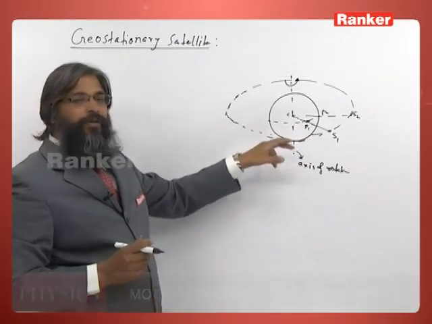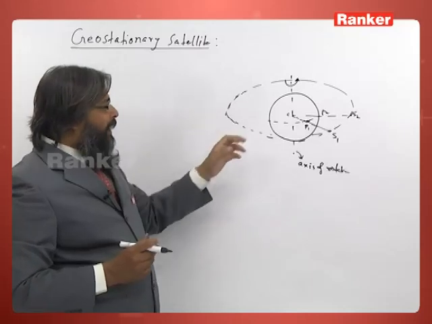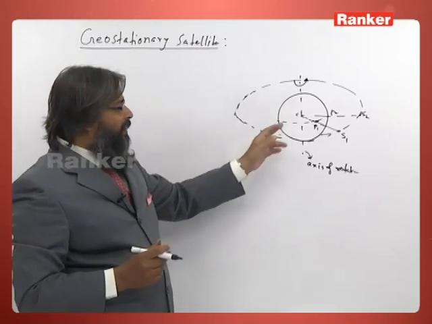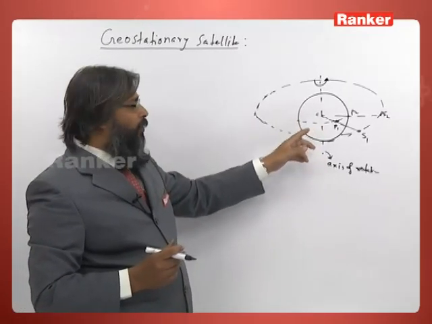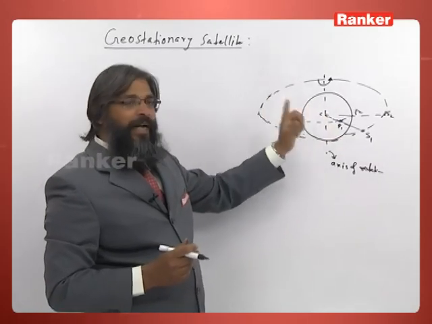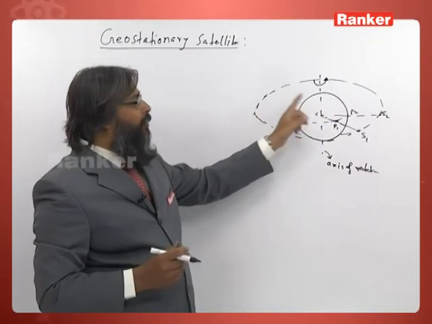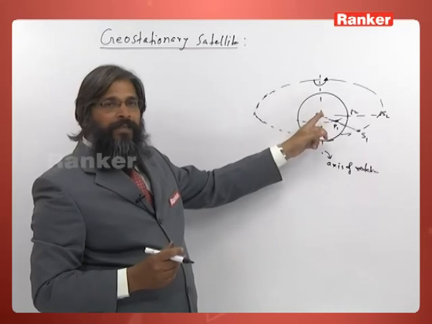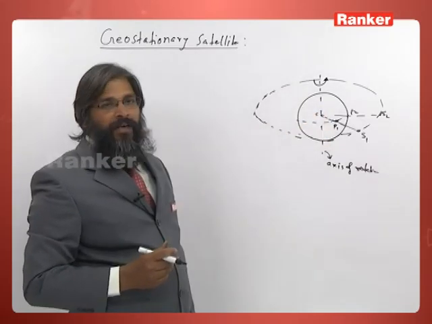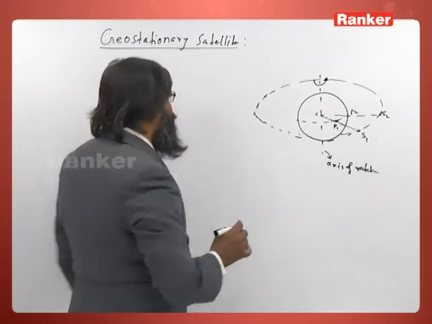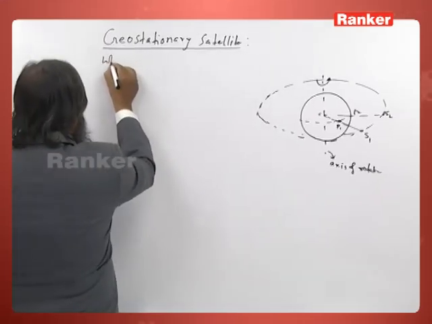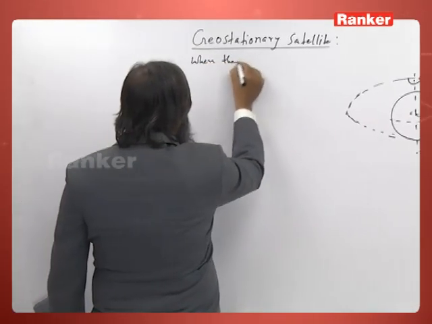So, we will call it a geostationary satellite. Its other name is geosynchronous satellite. So, when the time period of this satellite gets synchronized with the time period of Earth, then this satellite is called a geostationary satellite.